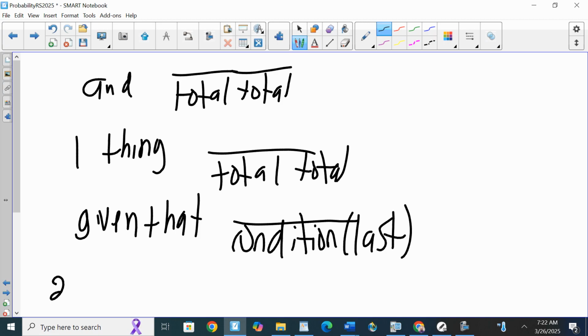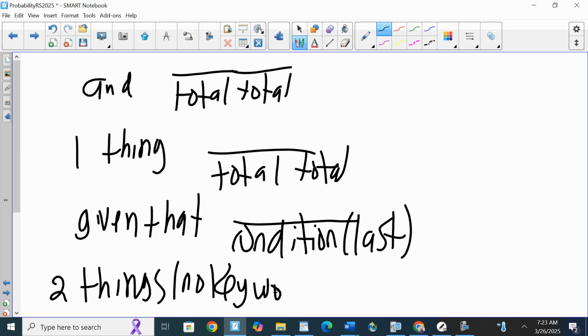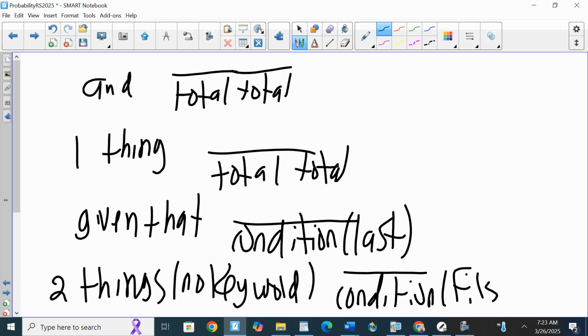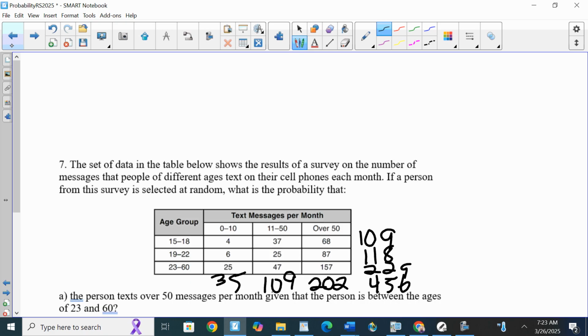And if there's 2 things, and there's no keyword, then it's conditional, and the condition comes first. So that's your 4 circumstances.